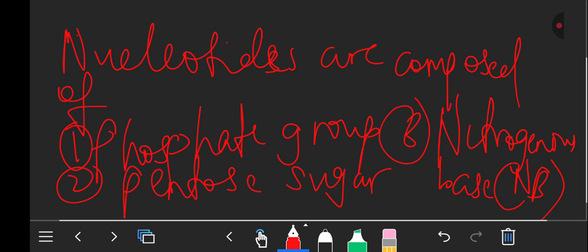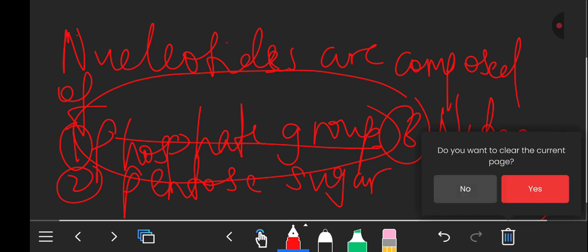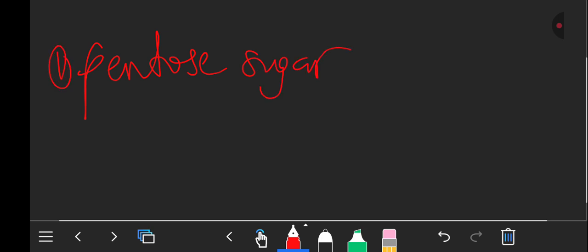Now let's look at a situation whereby you've removed the phosphate group from the nucleotide. What are we going to form? If we remove the phosphate group, we are going to remain with the pentose sugar and the nitrogenous base.